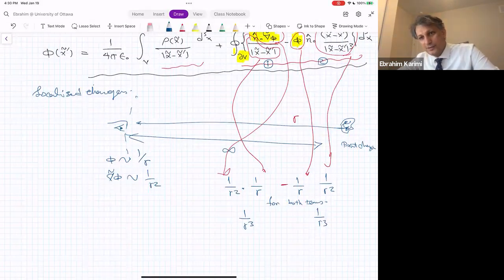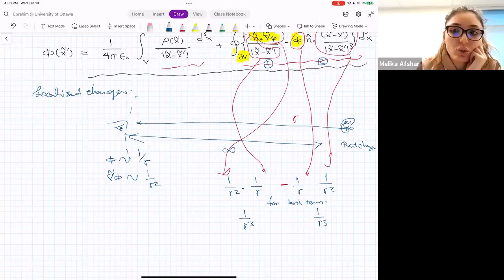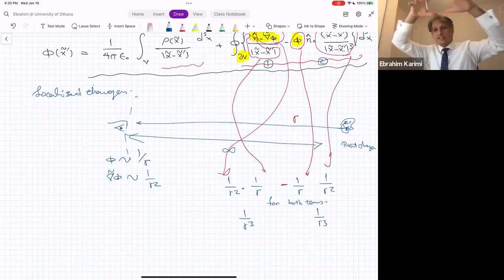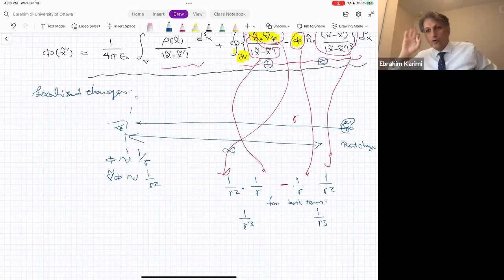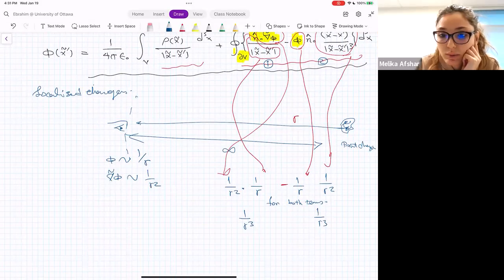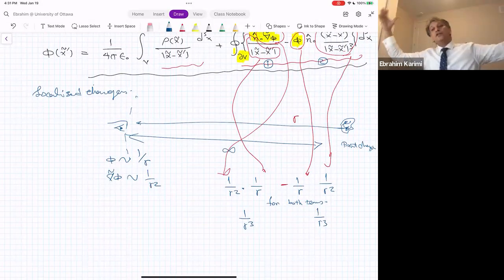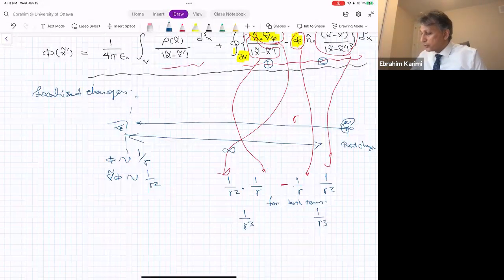No one? Malika? R squared. Exactly, it will be like a sphere. What is the surface of a sphere? 4 pi r squared. So the scaling for the surface at infinity, an infinitely large volume that we assume, it scales up with r squared. That's due to the integral.